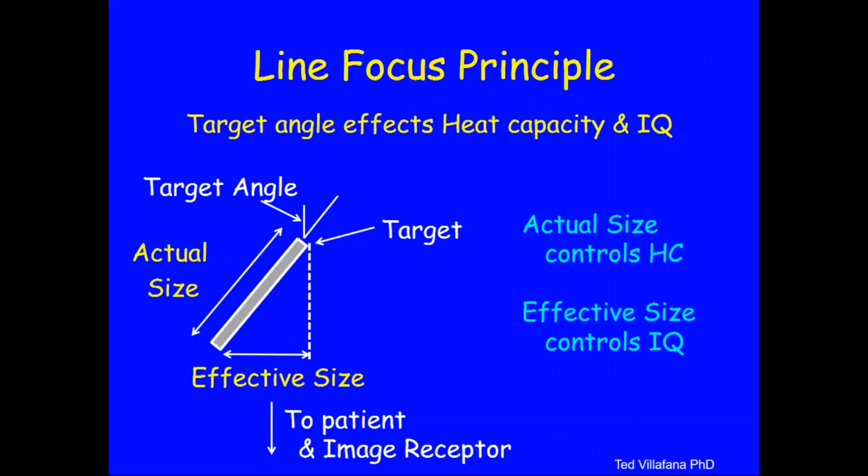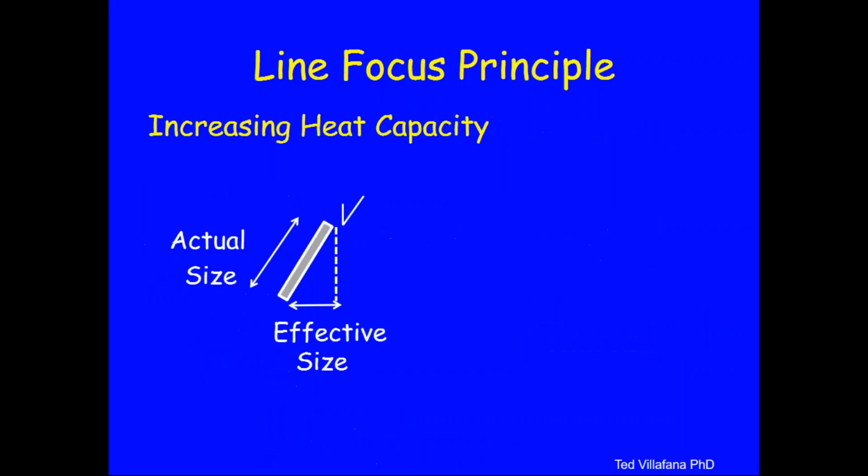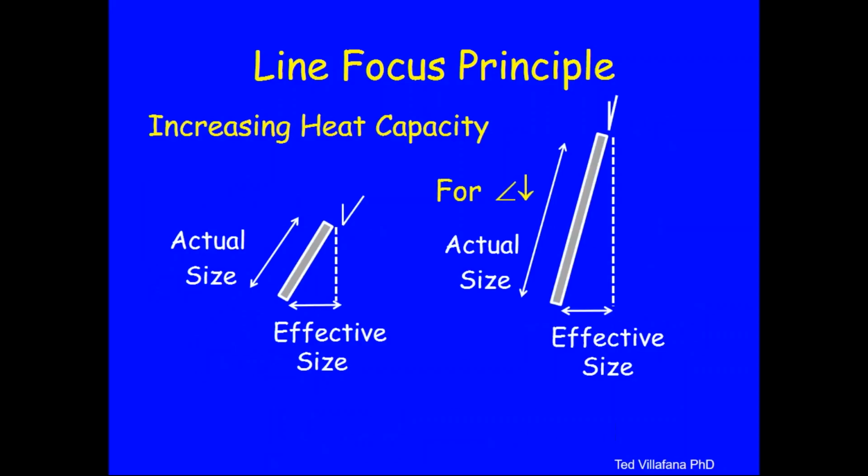Remember, we saw that small focal spots give you better image quality, and that size is going to depend on the angulation as projected to the image receptor. So let's see what that all means. Here is again a given actual size, a given effective size. What happens if we change the angle?